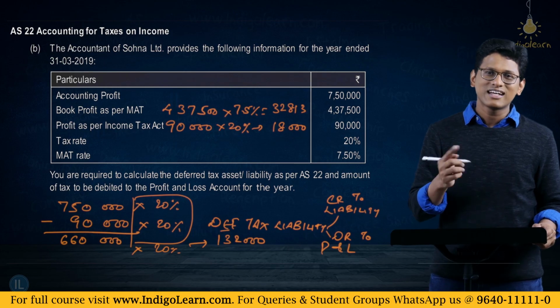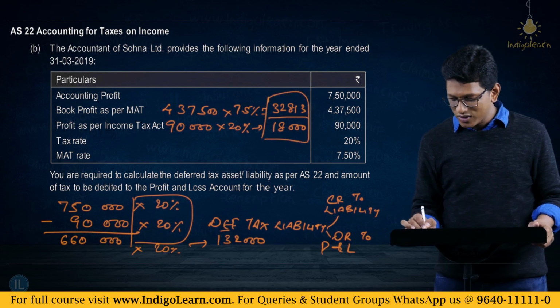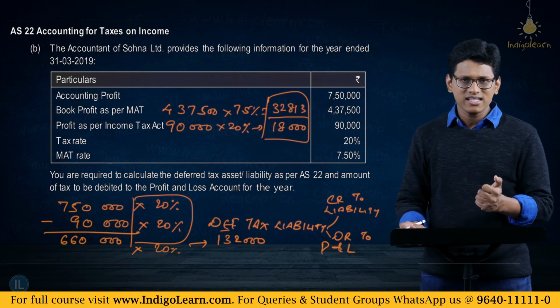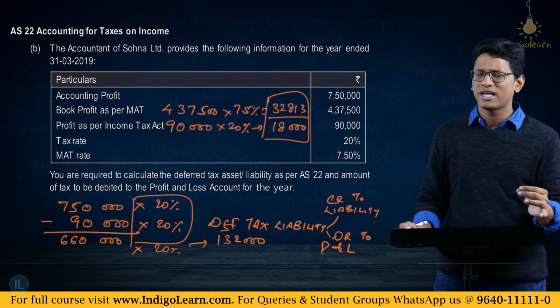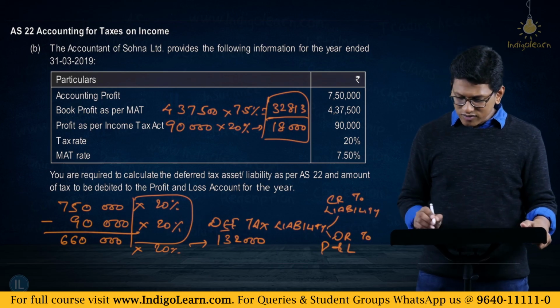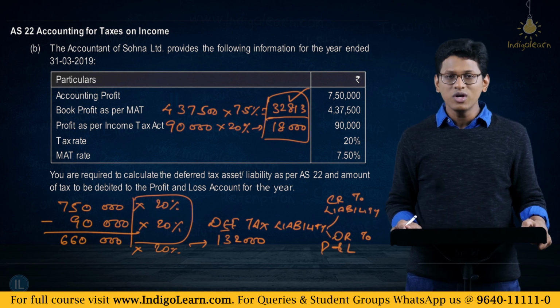Detailed discussion you will have as a part of your income tax as to why it is being done, but the accounting principle behind that is you will consider the greater of the two. So greater of the two means which one will you consider? You will consider this one to go into P&L.